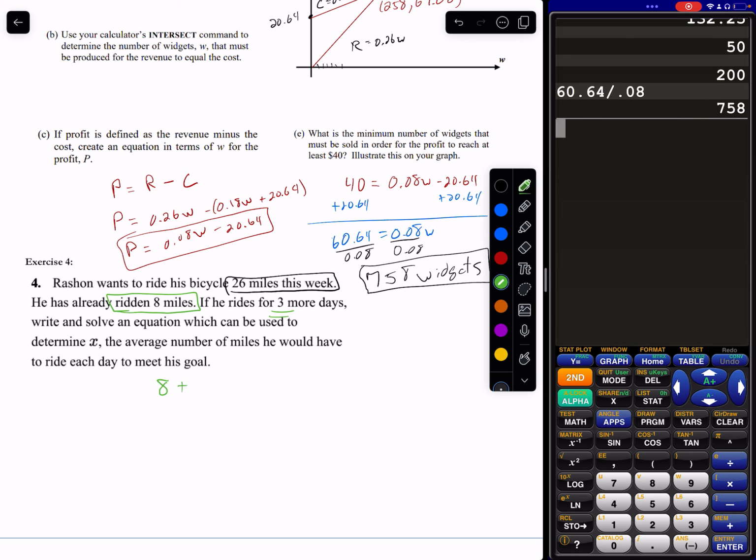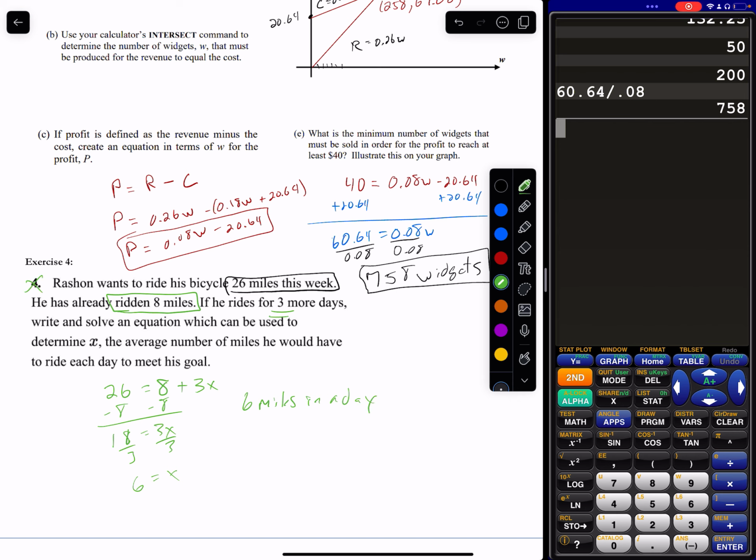And then he needs to ride 3 more days. So 26 is going to be our value. How would we find out how many he would have to ride? You can see here, if I divide by 3, you get x is equal to 6. So we'd have to ride 6 miles in a day.